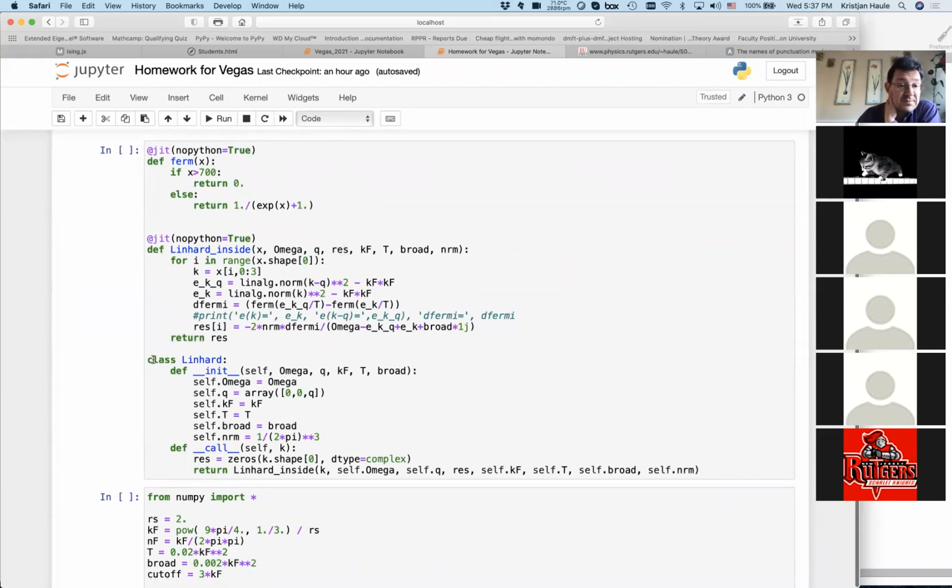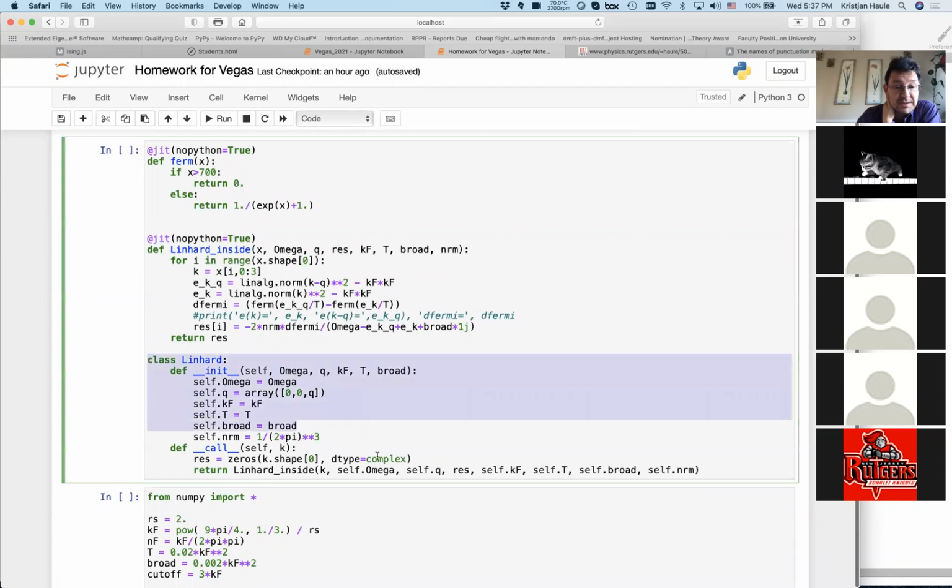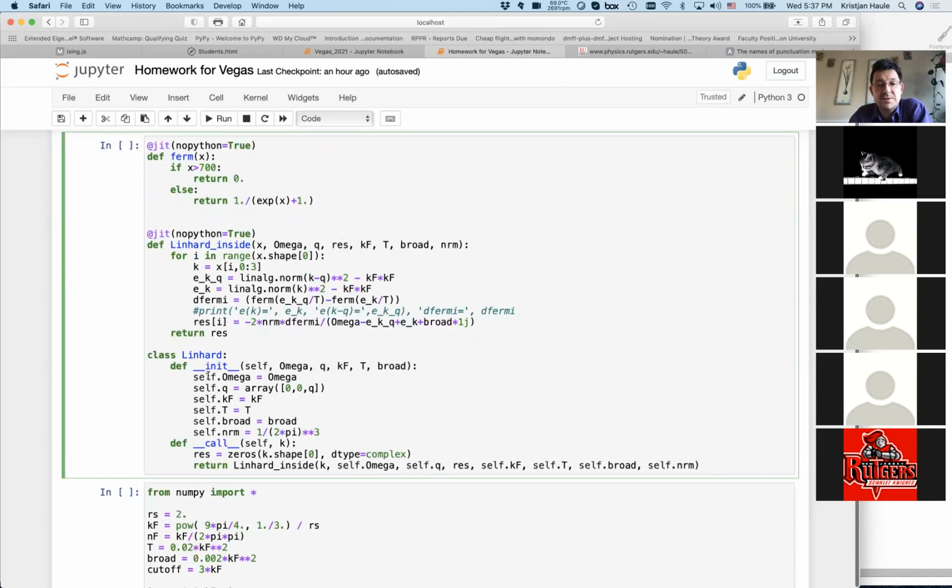In my opinion, the simplest way to do that is to pack all these external variables into a class. Of course, there are several ways to do it. One way is to work with global variables, but somehow this is not nice and not convenient, so it's better to pack them inside the class.